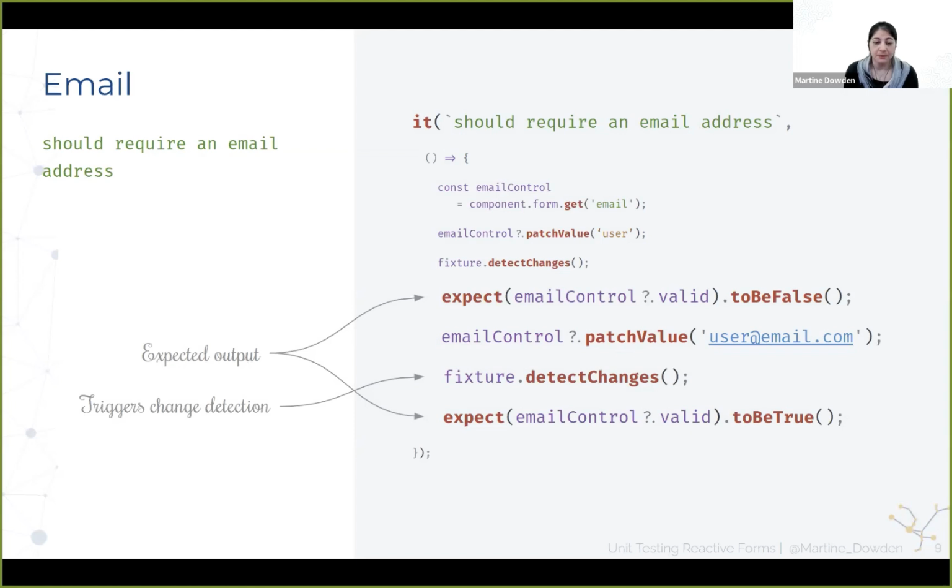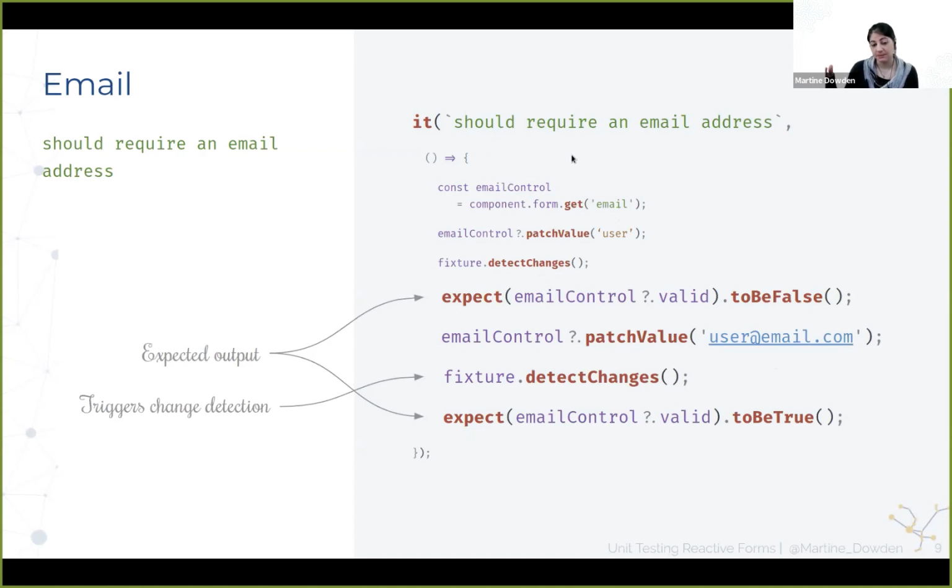Now, we're going to be doing this a lot, because we can test multiple aspects of it. We still have this first one, which is the same as we had before, where we check just passing in user, and we expect it to be false. We can patch in an actual email address that should pass and expect it to be true. We can put multiple expects inside of a single test.